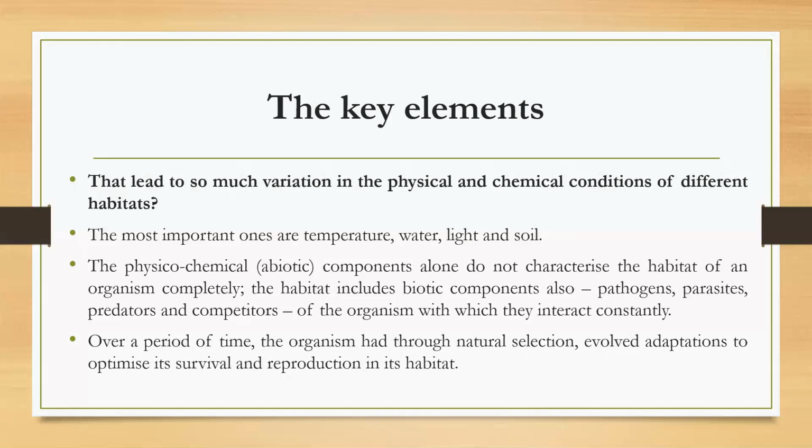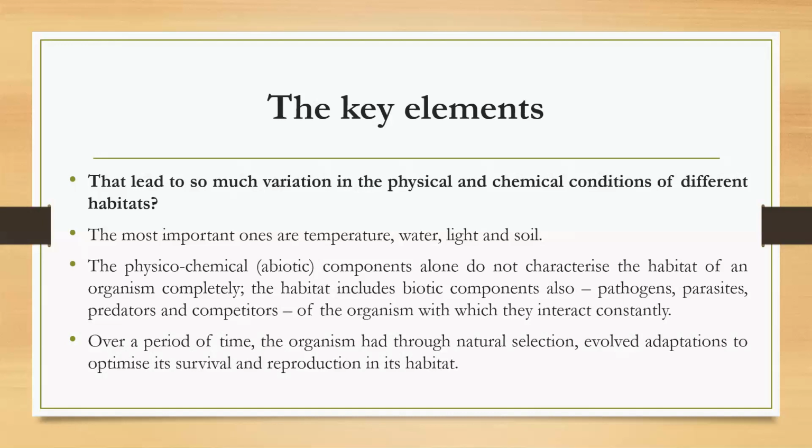In such changed environmental conditions, the residing organism has to show certain adaptations if it wants to survive. So they evolve adaptations, and organisms with positive variations are selected by nature, and that is called natural selection.